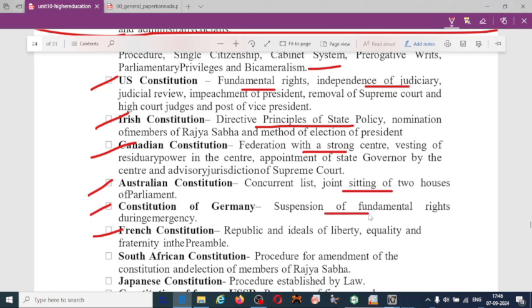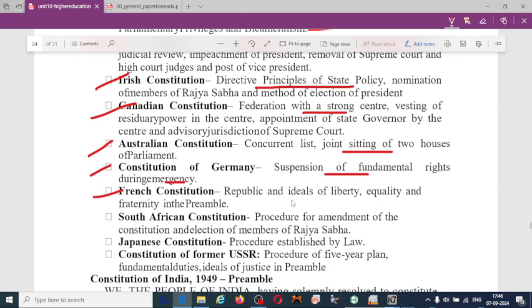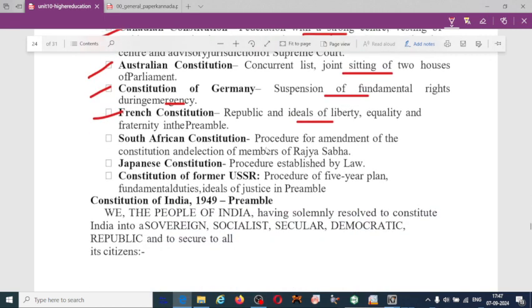Germany, suspension of fundamental rights. French, republic and ideals of liberty. South African Constitution, amendment of the Constitution and election of members. Japan, law establishment. USSR, 5-year plan, fundamental duties, etc.